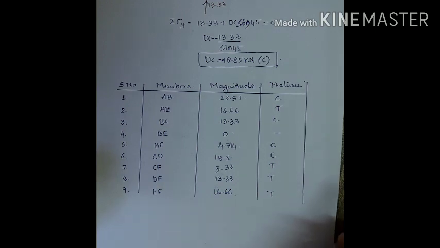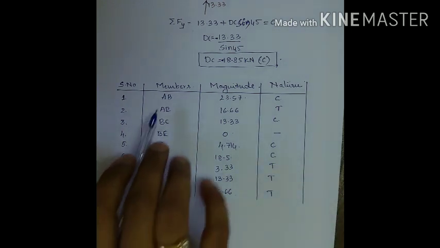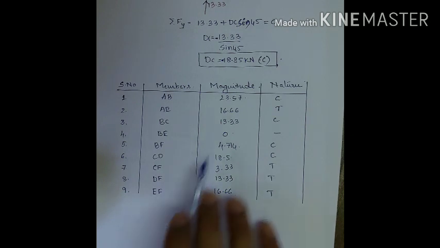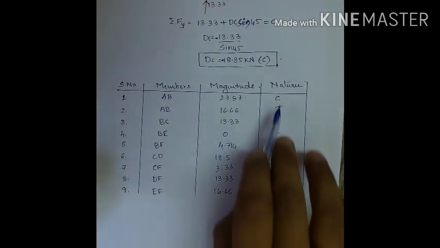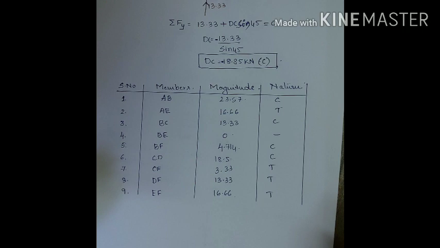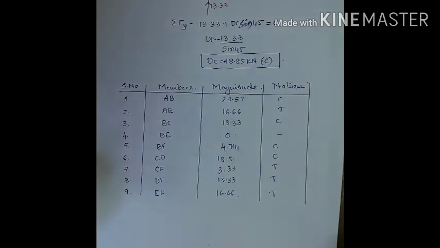So at last we need to make a table, so we need to write all the numbers, their magnitudes, and the nature, whether it is compression or tension. So up to here we need to complete it. So this is the method of joints.